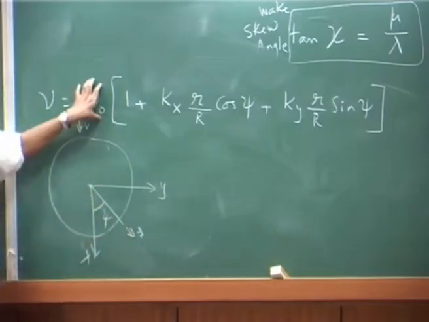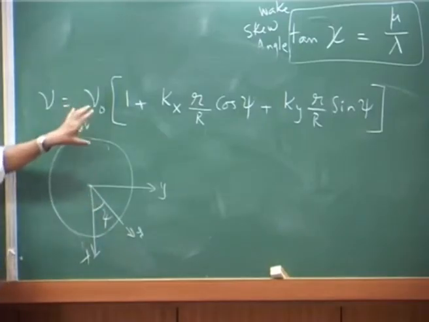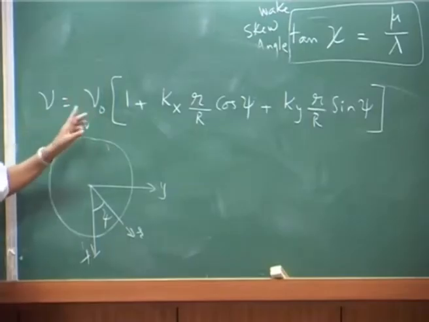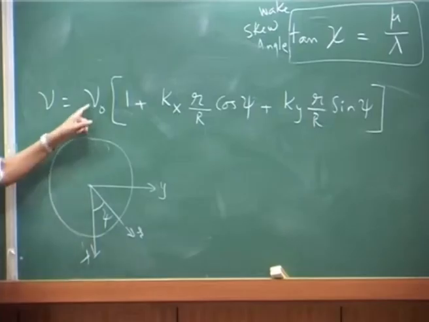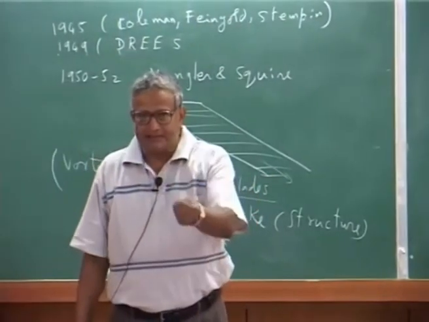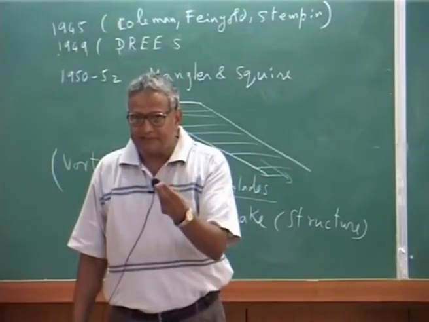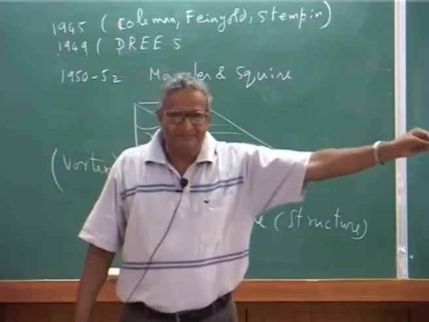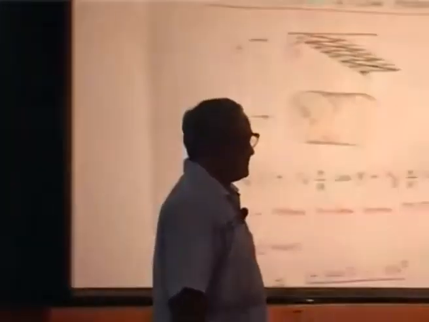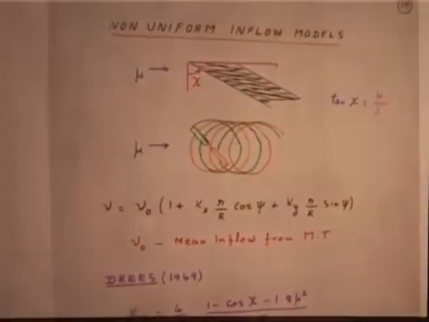Nu naught is some kind of a mean inflow, but please note I am now using one more symbol, nu sub 0, in forward flight. That mean inflow is basically the value you obtain from the momentum theory.